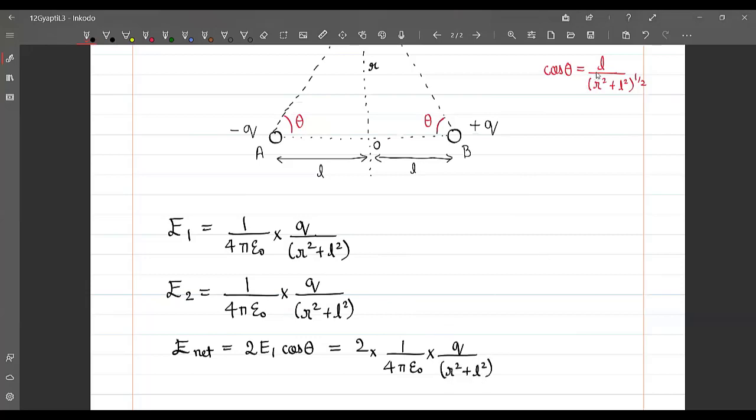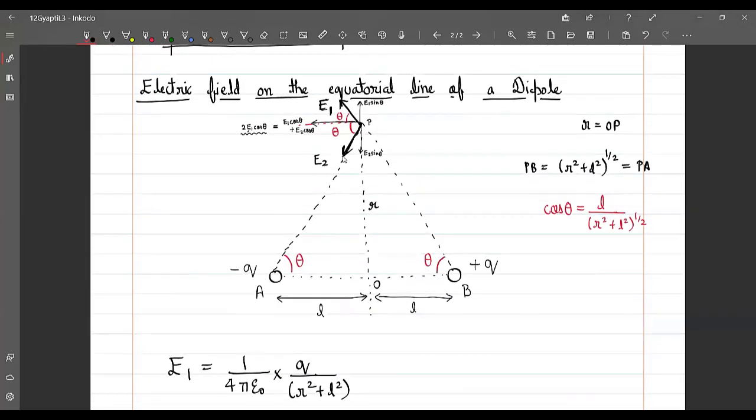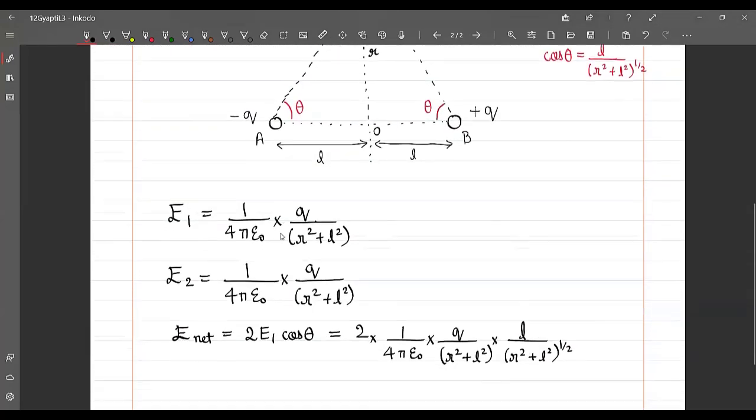Cos theta, I'll pick it from here: L by R square plus L square to the power half. Sir, in E2, it will be 1 by 4 pi epsilon naught into minus Q, no? No, I have already shown the direction here. So you don't need to write a negative sign. I've already specified the direction towards the charge. Okay, sir.